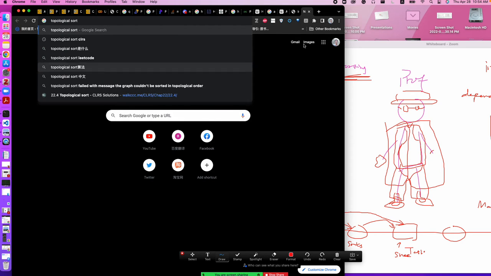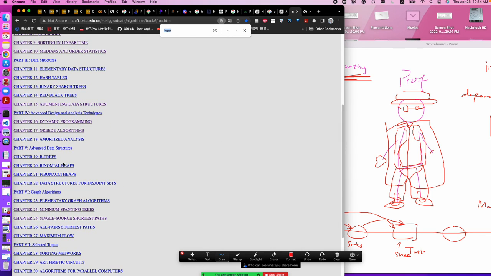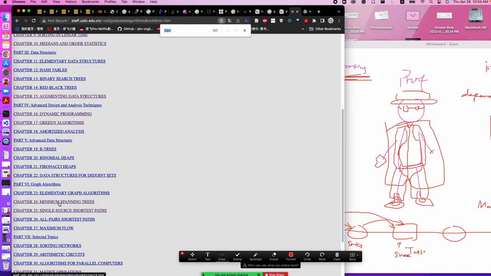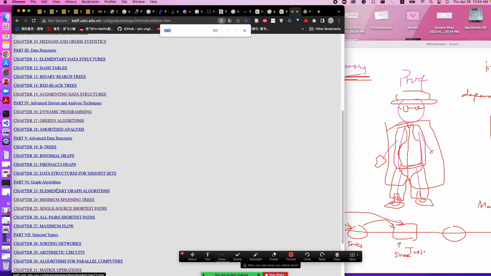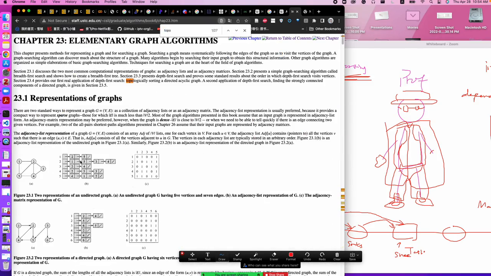Yeah, it's in chapter 22. So I don't think you guys should need to know this first. But anyway, if you're interested, in this chapter, elementary graphs, topological sorting is in chapter 23 of this book, and this book is used in CSE 101. I'm just quickly scanning this book.